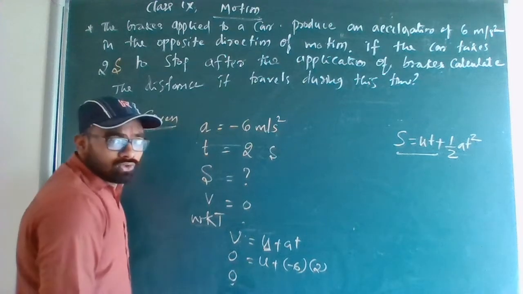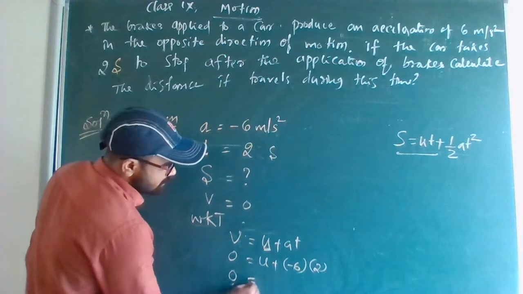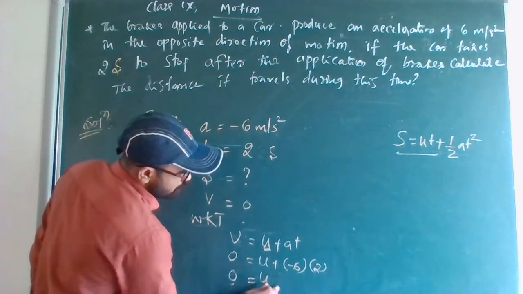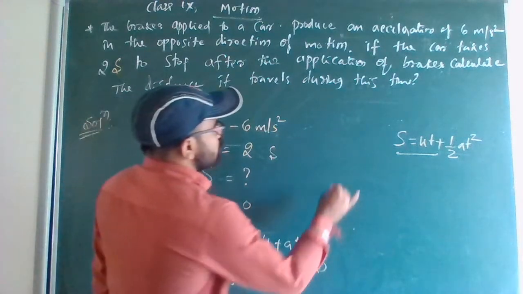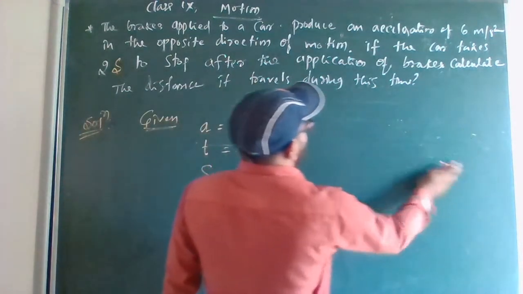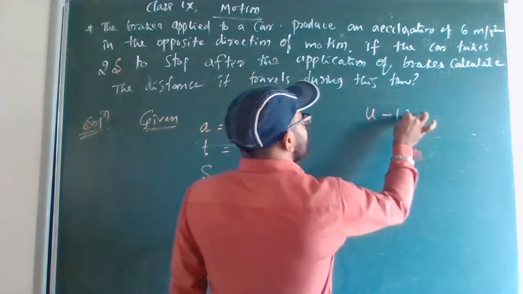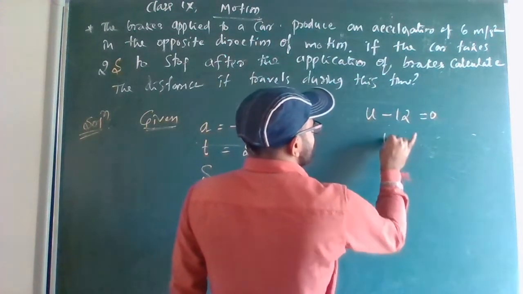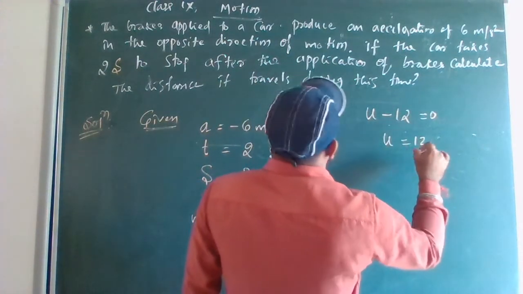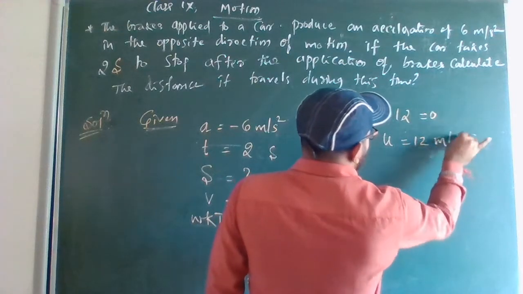So 0 is equal to u minus 6 into 2, that is, u minus 12. So u minus 12 is equal to 0. That means u is equal to 12 meter per second.